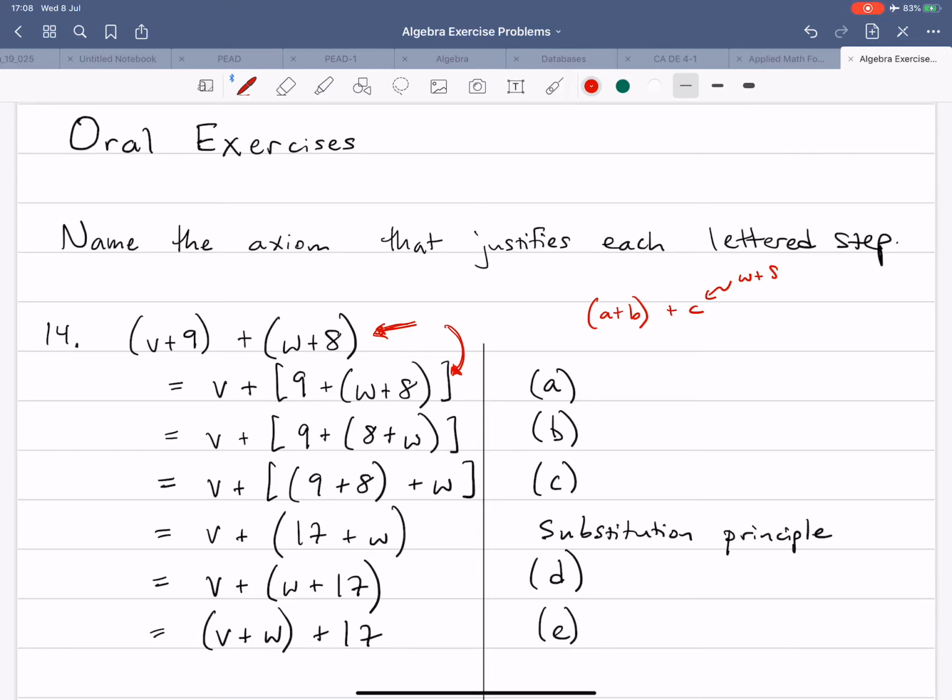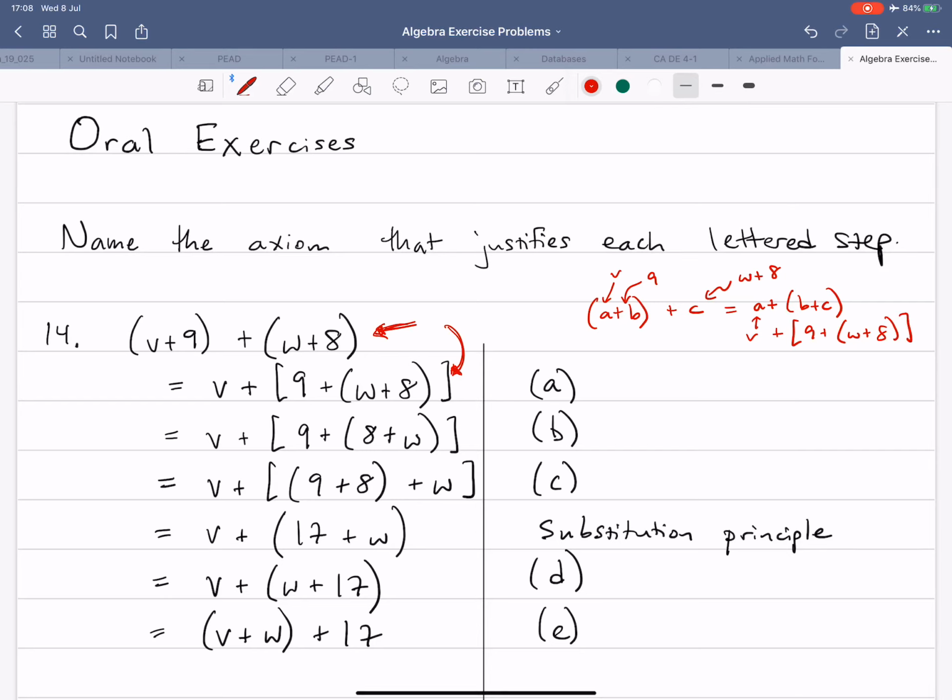C is w plus 8, a is going to be v, b is going to be 9, and we know that quantity a plus b plus c is the same as a plus quantity b plus c, right? And that would give us v plus b was 9 and c was our quantity w plus 8.